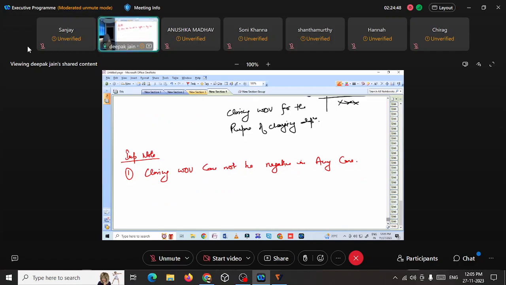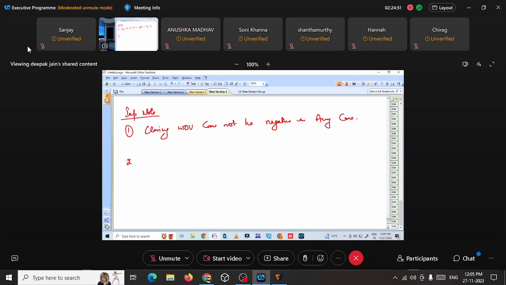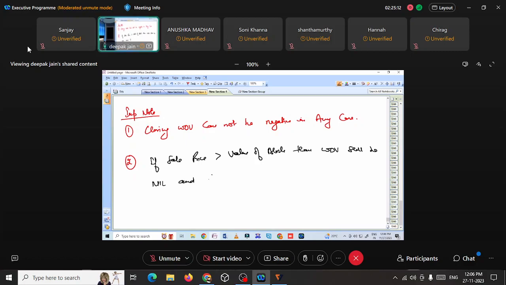Point number two, if the sale price exceeds the value of the block, then WDV shall be nil and the surplus amount shall be treated as short-term capital gain under section 50.